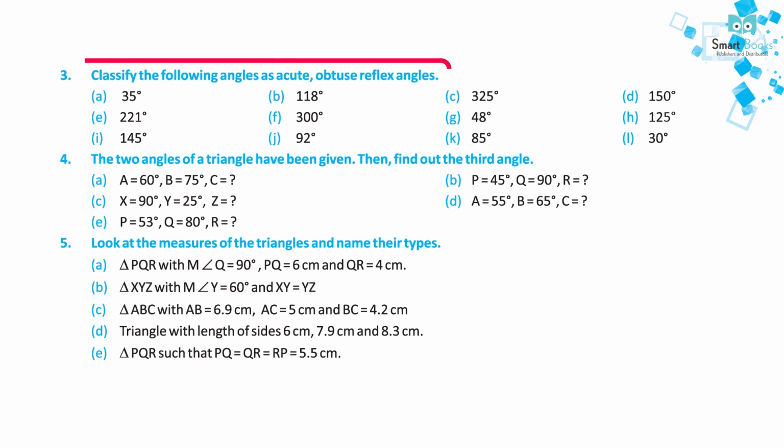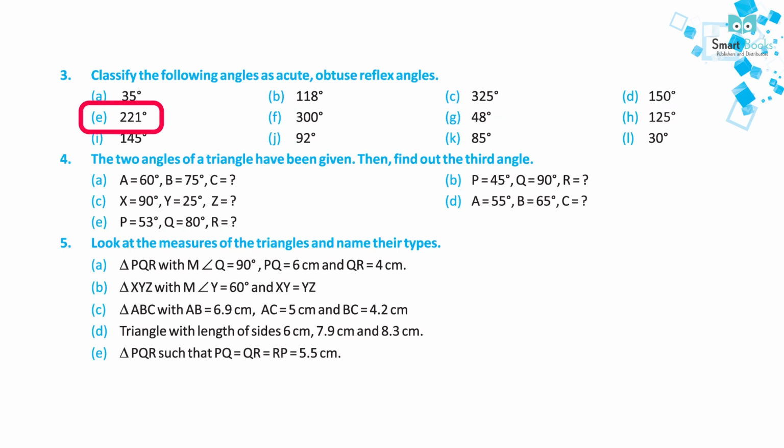Write them. Question 3. Classify the following angles as acute, obtuse and reflex angles. A. 35 degrees, acute. B. 118 degrees, obtuse. C. 325 degrees, reflex. D. 150 degrees, obtuse.